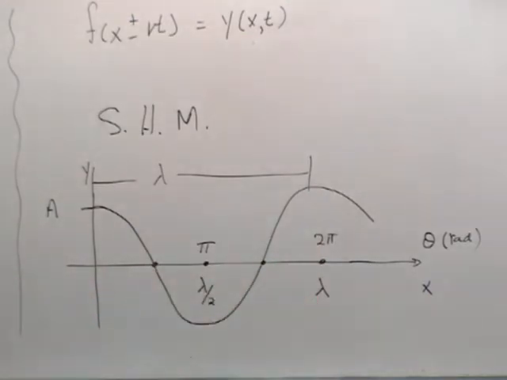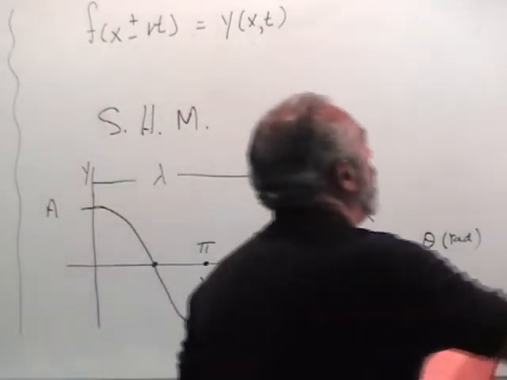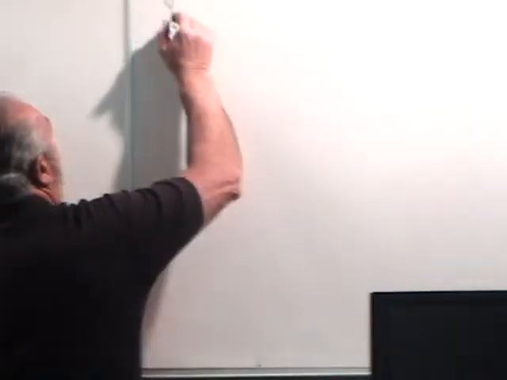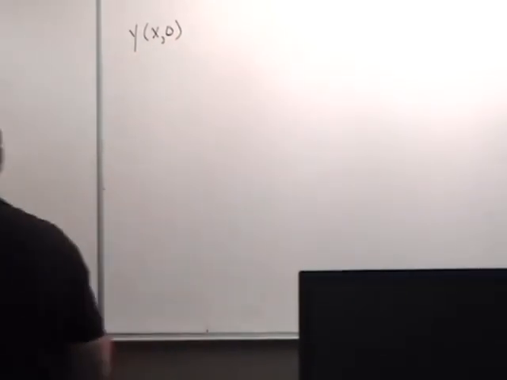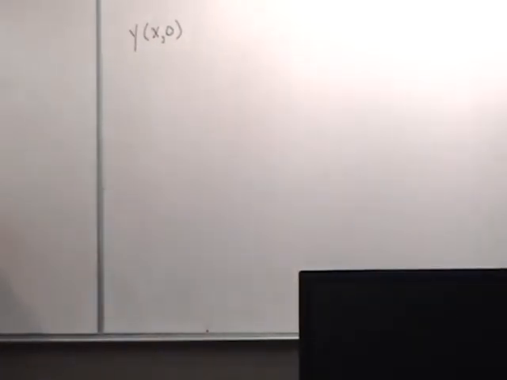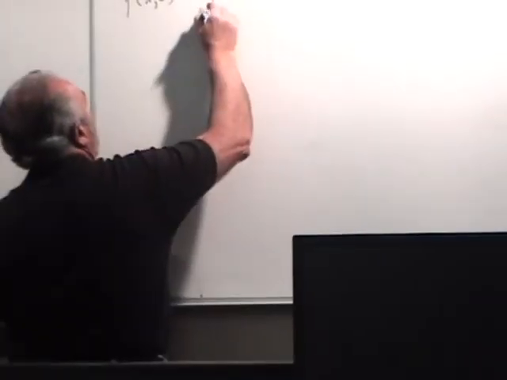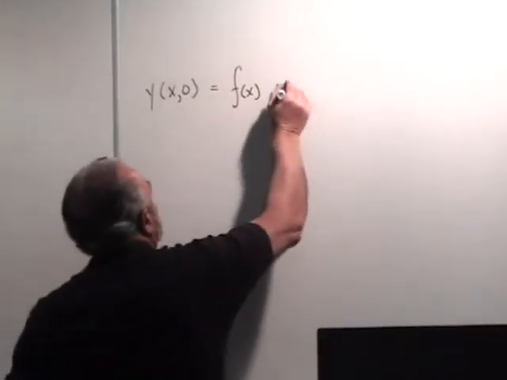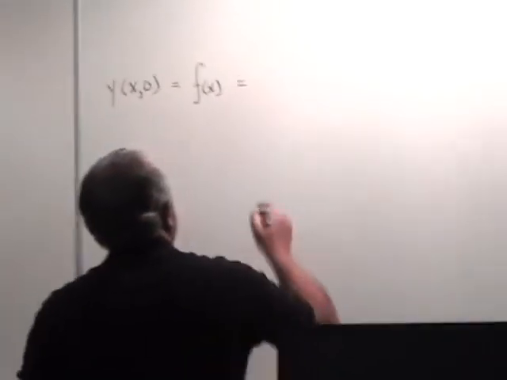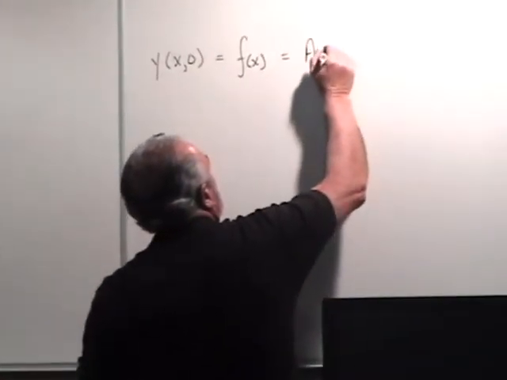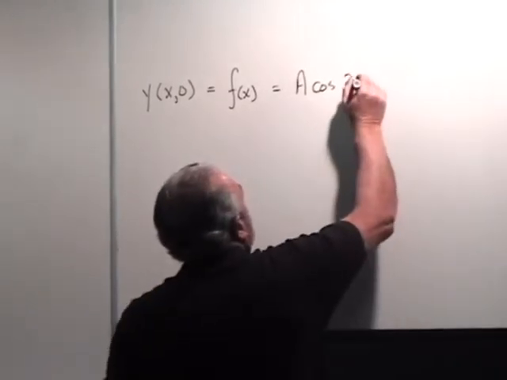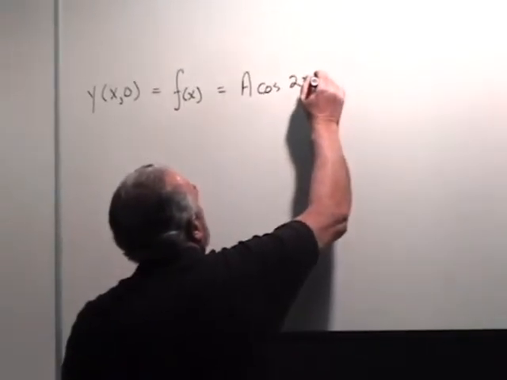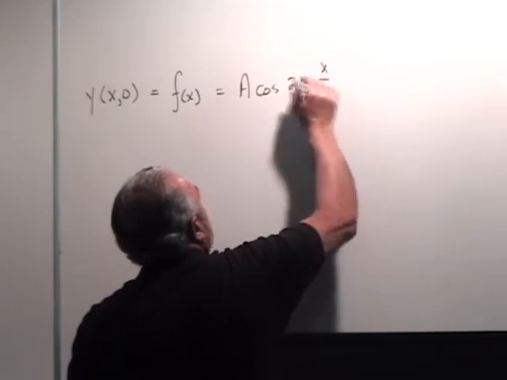So, for us, if I'm going to write down y of x and 0, because this is at t equals 0, then I would say that is our f of x. And notice here, a cosine, and I'm going to write the following thing: 2 pi times x over lambda.